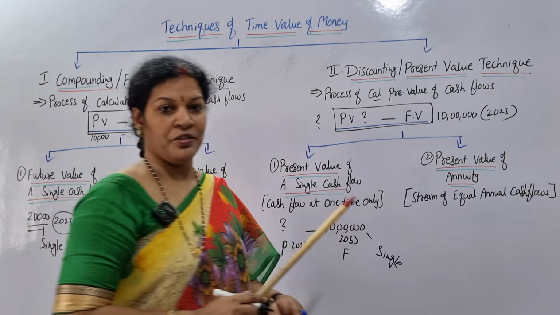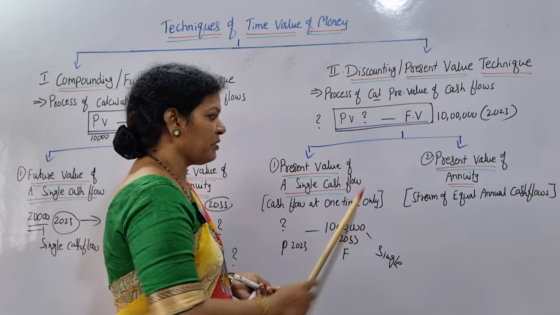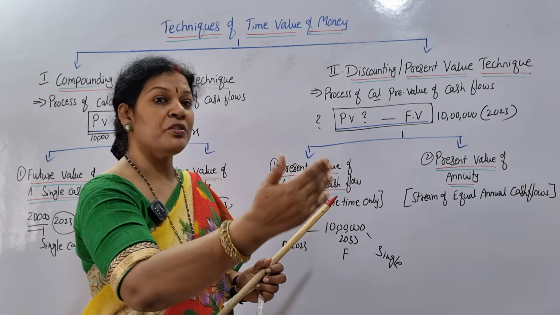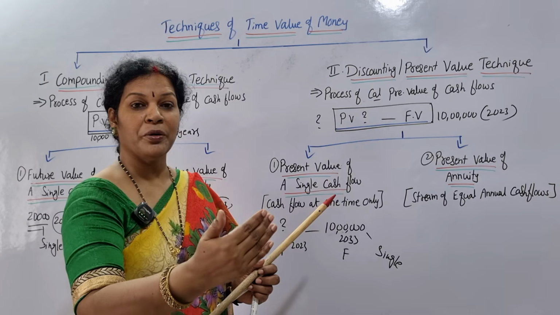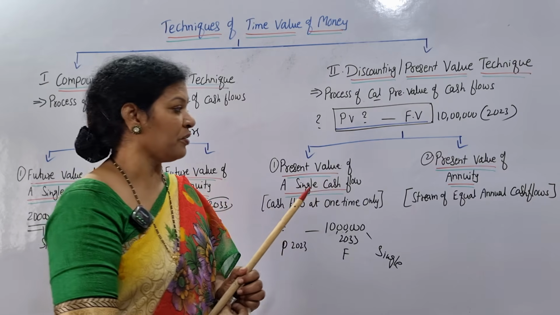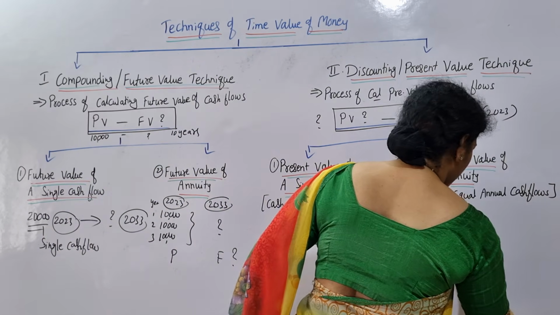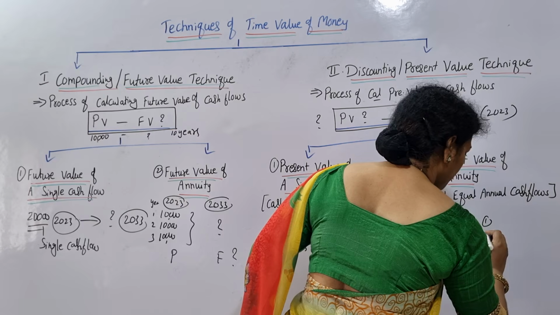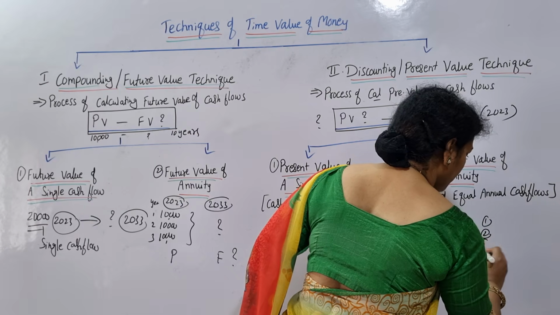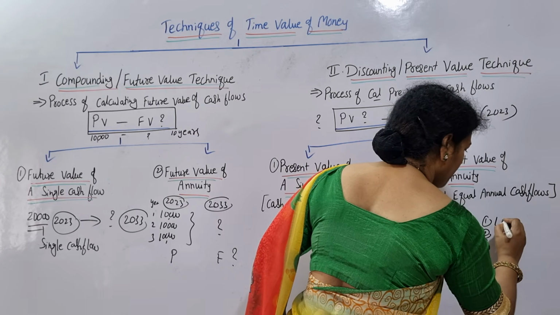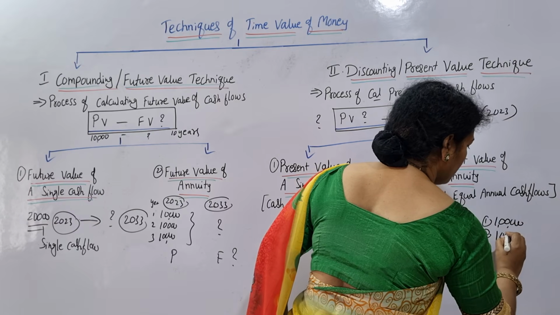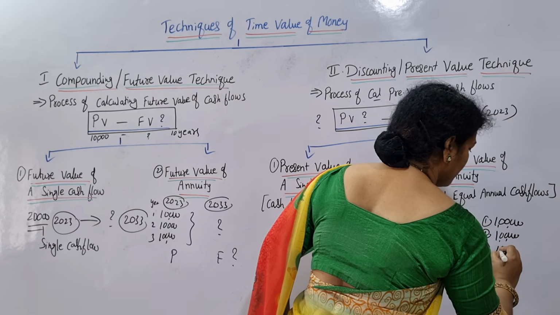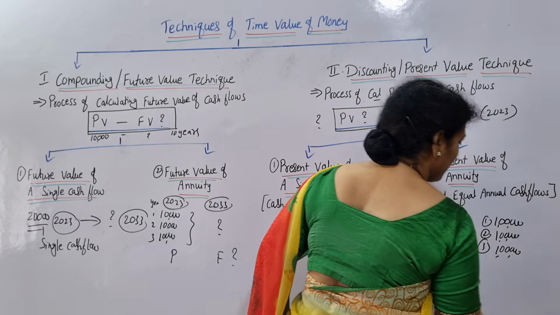Present value of annuity, the same concept. In the future, in the first year they want to pay some amount, the second year they want to pay, the third year they want to pay, like this. In an easy way: first year they pay 1 lakh, second year 1 lakh, and third year 1 lakh.